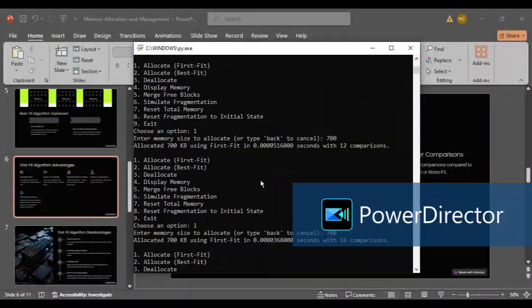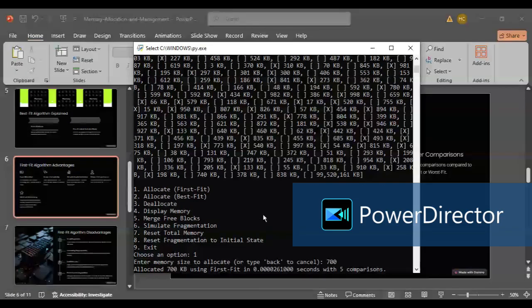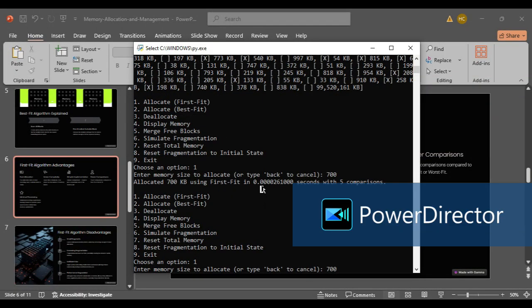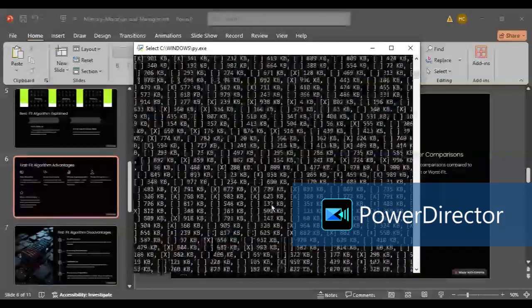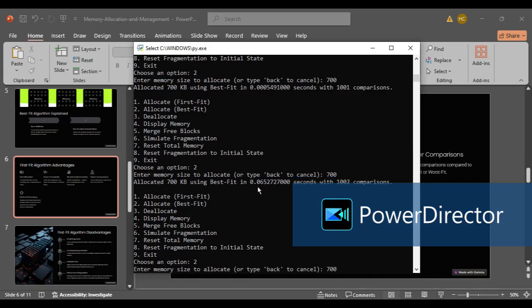For the first fit, you see we have 4 zeros, which means that the first fit is faster in allocating memory than the best fit. All these have 4 zeros after the decimal point, whereas even the best fit could go up to just 1 zero. This might depend on the system.